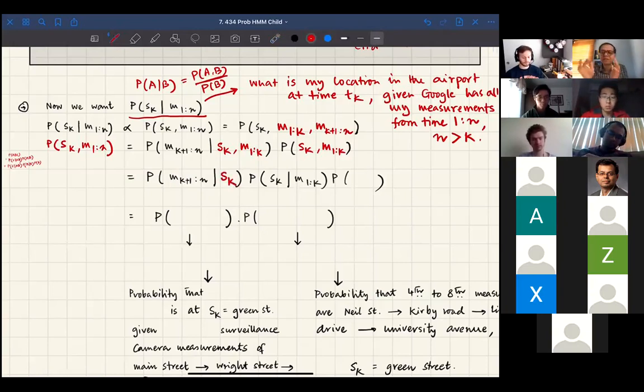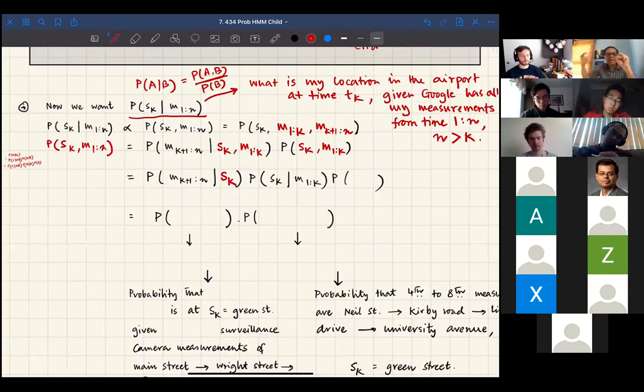So here is what that means physically in English language. Google says once Romit in the airport is at Starbucks, right? Once I know Romit is at Starbucks in the airport, the rest of the k plus 1 through n measurements will only depend on whether Romit is at Starbucks or not.